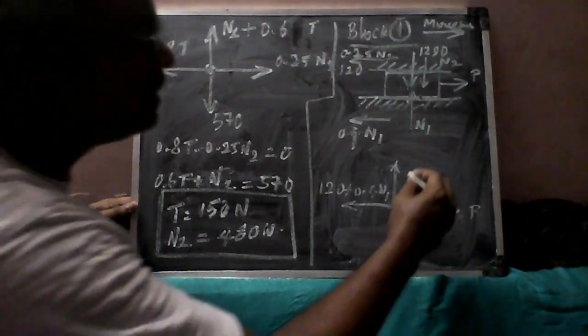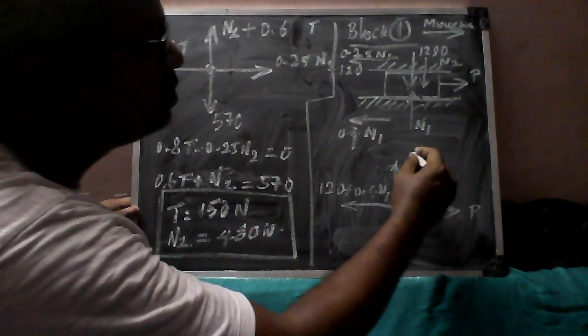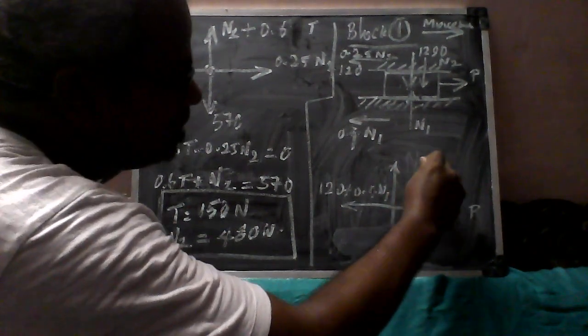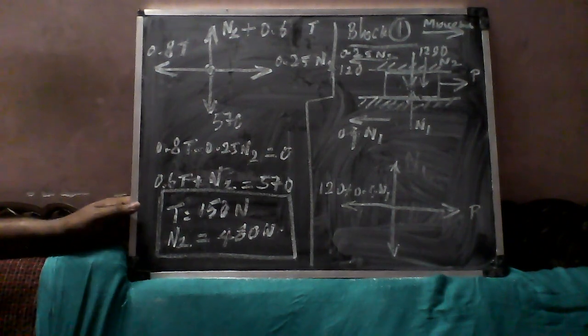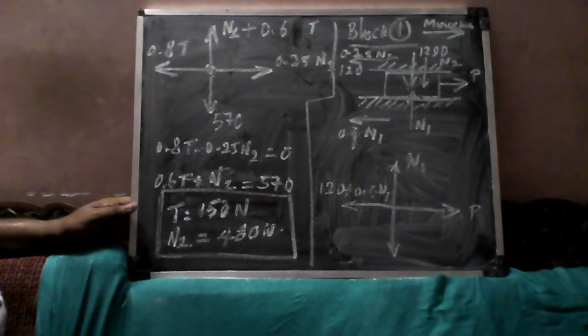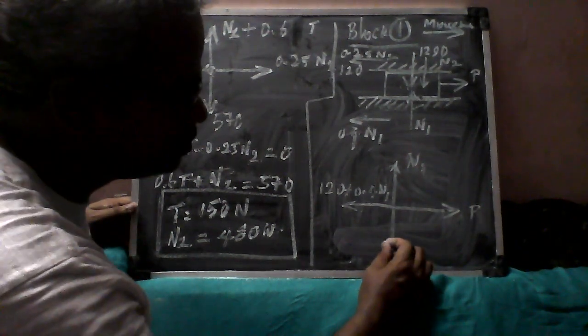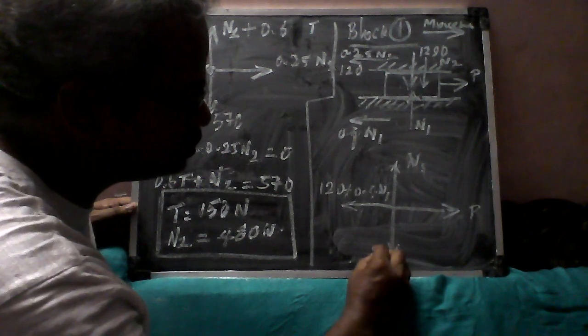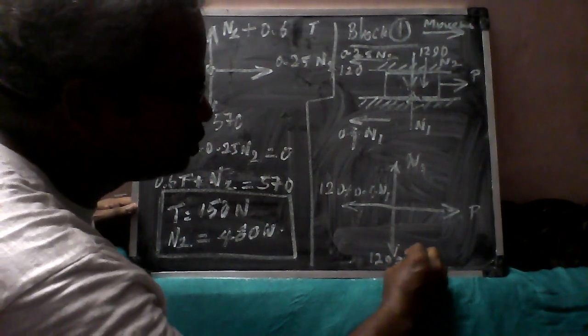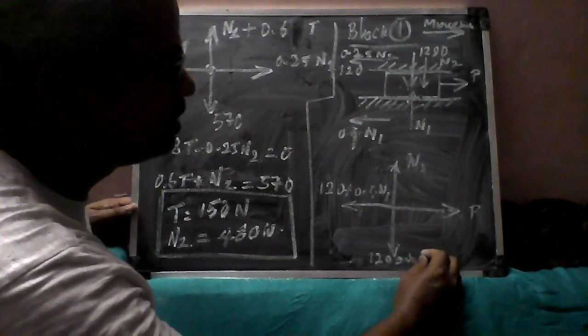In the upward direction, I have N1. And in the downward direction, I have 1290 plus N2.